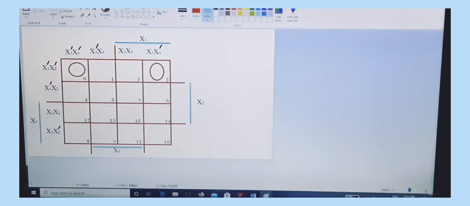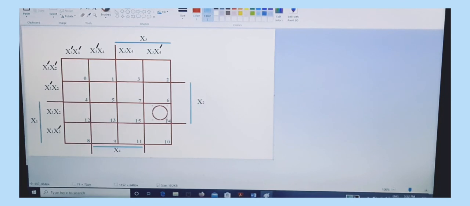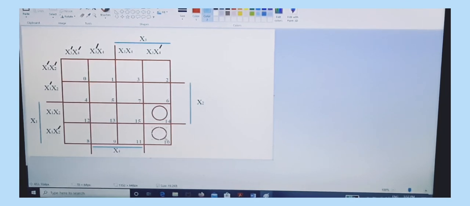So this is how we will have to combine the values. And we will take one more example. Suppose if I take this cell and this cell. If you combine these two ones, this is coming under the column x3, x4 dash, and also at the intersection of x1.